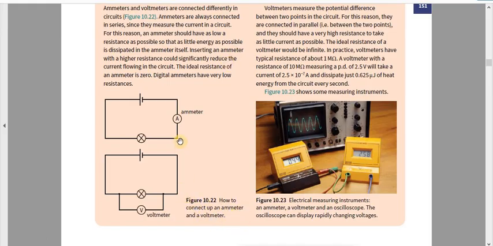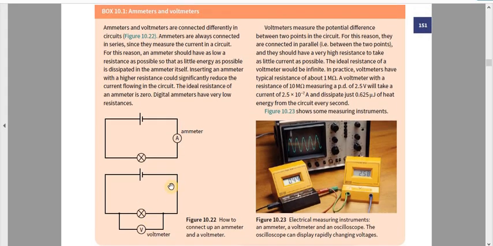Ammeter is always connected in series with the component through which you want to find the amount of current flowing. Whereas voltmeter is connected in parallel to find the potential difference across the particular component. So voltmeter is connected in parallel or across the component, and ammeter is connected in series, because ammeter measures current, and voltmeter measures the potential difference or voltage across the component.